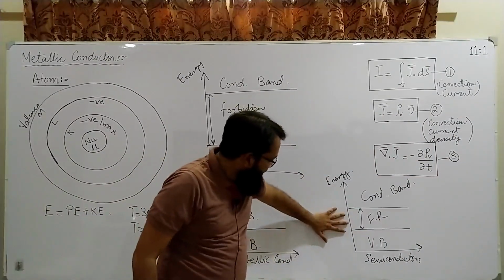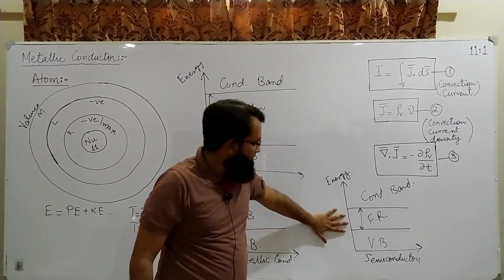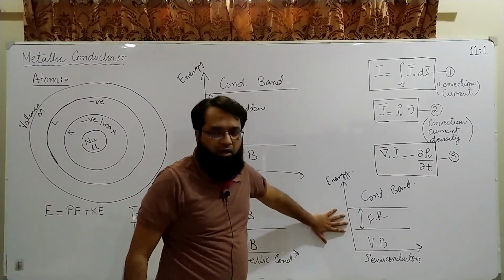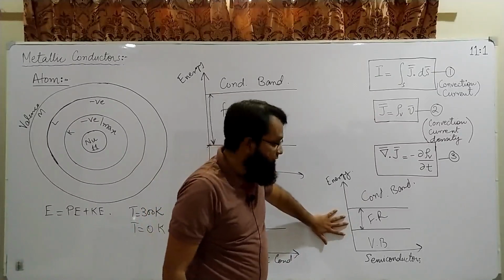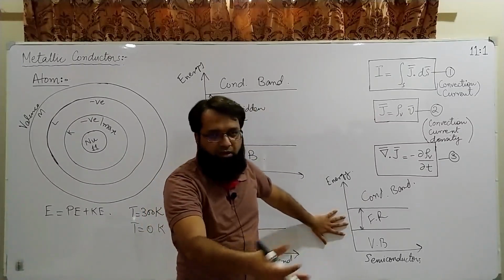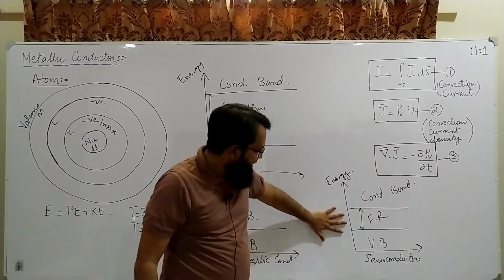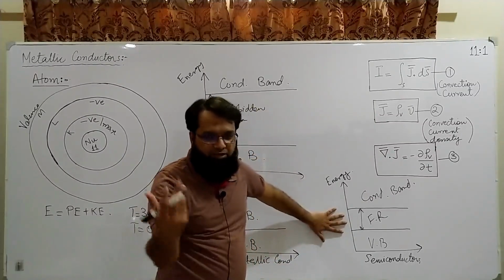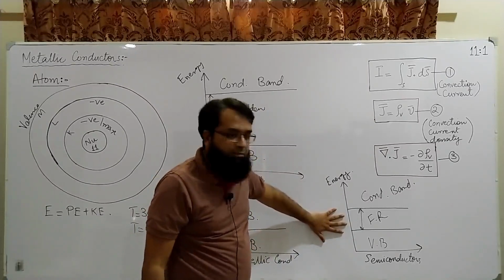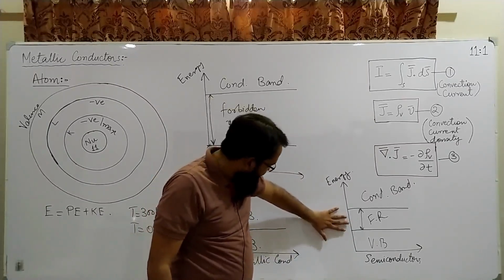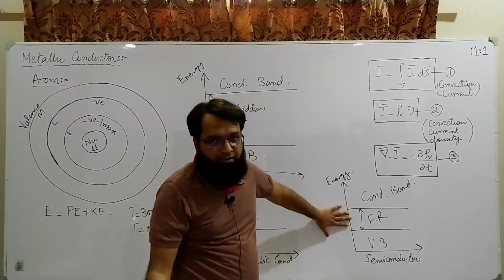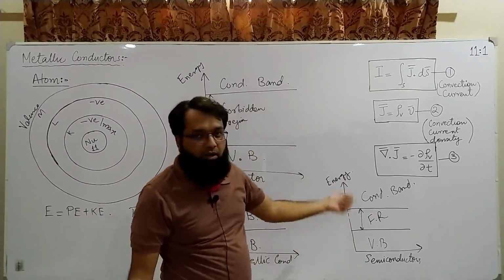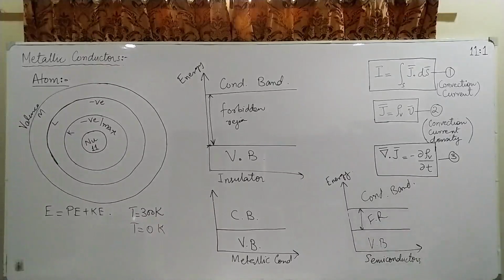So intrinsic semiconductors like silicon, germanium, they behave as if they are insulators. All right, not very good insulators, but they are insulators intrinsically. Intrinsically means the way they are found in nature. Okay, but after some modification to their crystalline structure, which is done by doping, these semiconductors, which were otherwise insulators, can be converted to behave as conductors. So that's why they are called semiconductors.